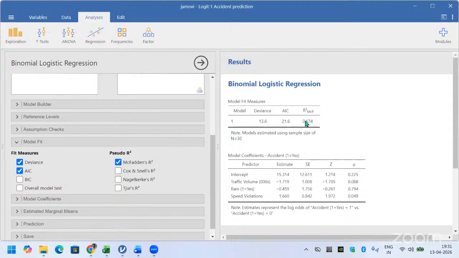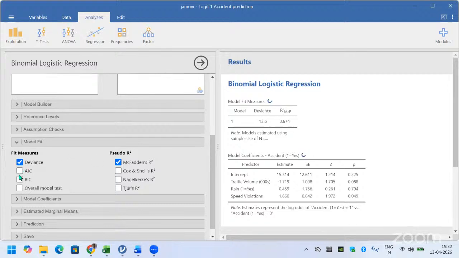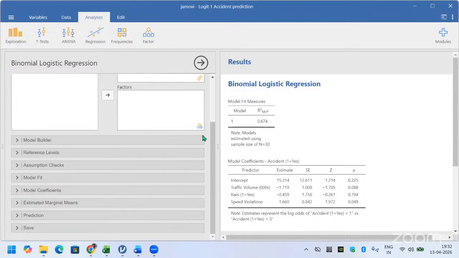AIC is the Akaike information criterion; for people into in-depth research that is required, but for now there is no requirement, and if you uncheck this, you will not have it. For model checking you will see the pseudo R square, which is McFadden's R square. That is what is required for us. These two are there by default, but they are not really needed for people who are just starting research.